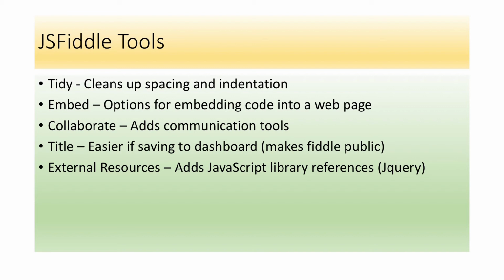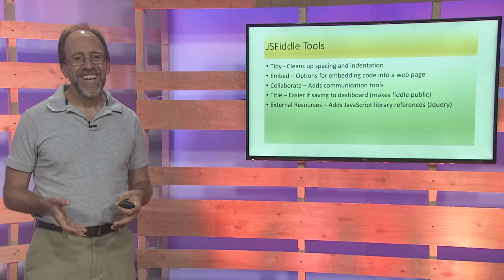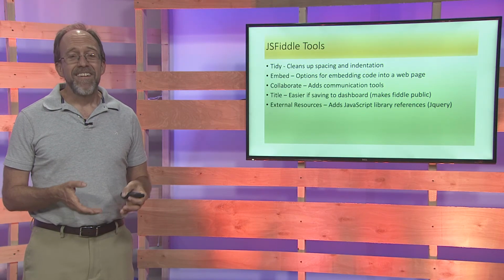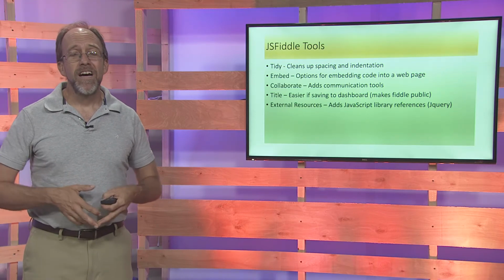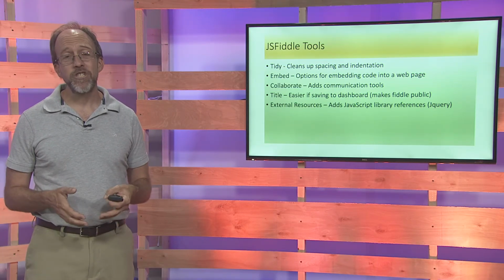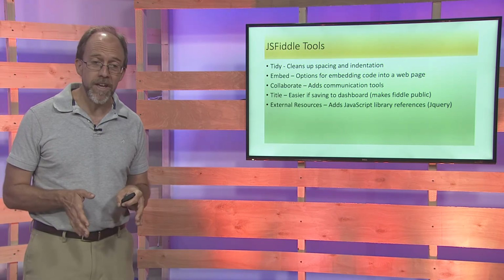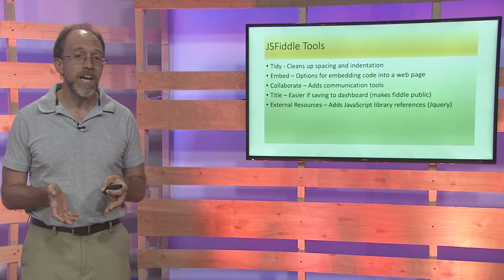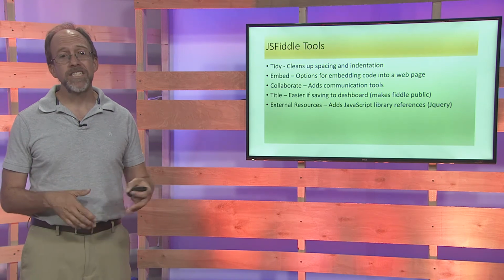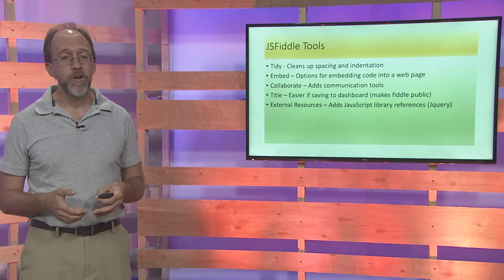You do want to give your code a title. It's in the upper left-hand corner. By default, JSFiddle assigns a hash to your code. I don't know if you know what a hash is, or you're going to know what a hash is by the end of this class, but it's going to create a hash, and that hash is going to be the title of your code that fits underneath your account.